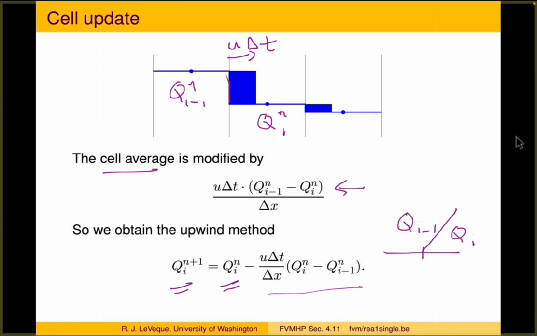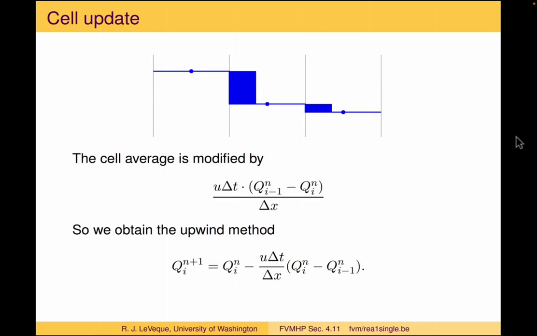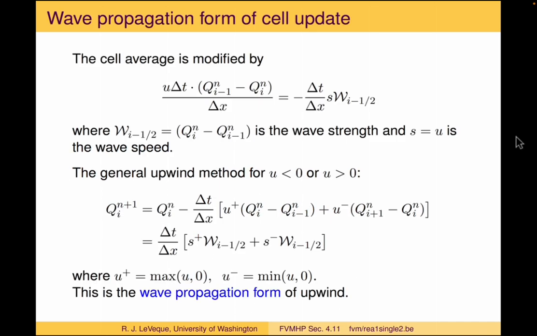If we had a more complicated system of equations, acoustics or something else, then the jump between Q_i and Q_{i-1} would be split up into eigenvectors for the waves, but here the entire jump is carried by this one wave, and this one wave updates a single cell, the one to the right, assuming u is positive. But we can generalize this quite nicely now to systems of equations and think about what's the effect of each wave on the cell averages.